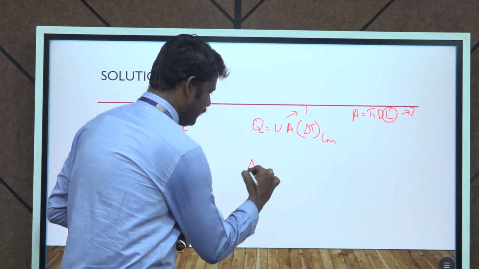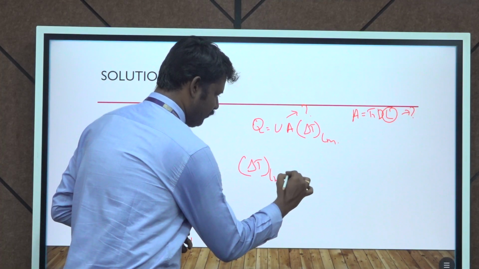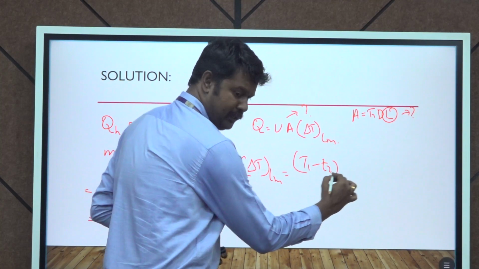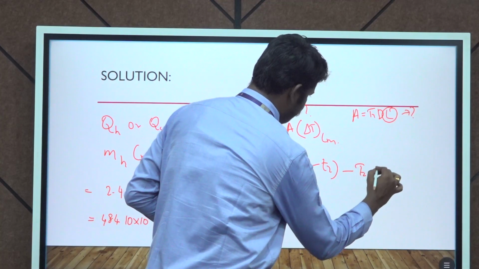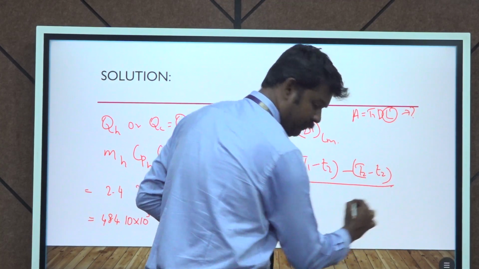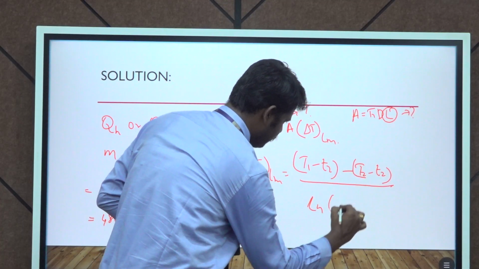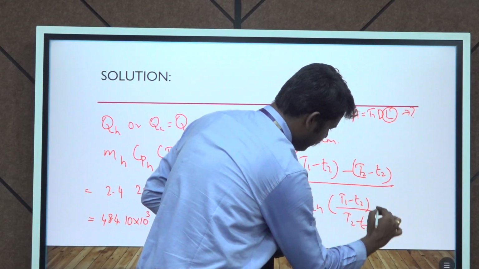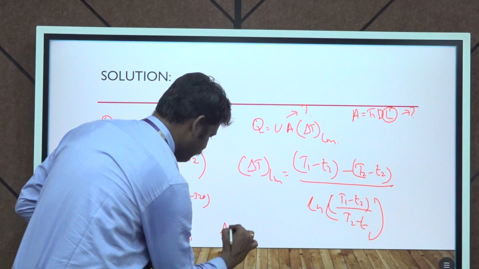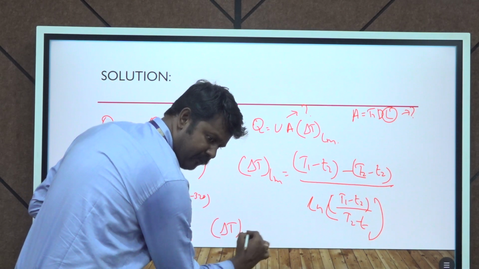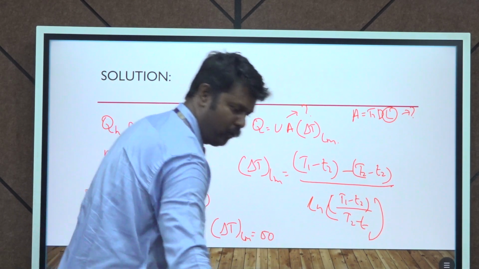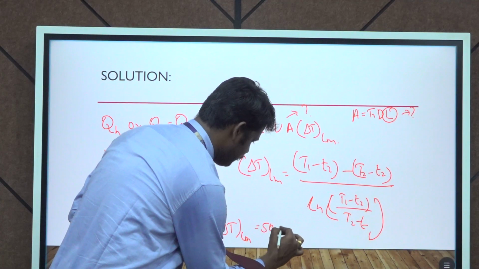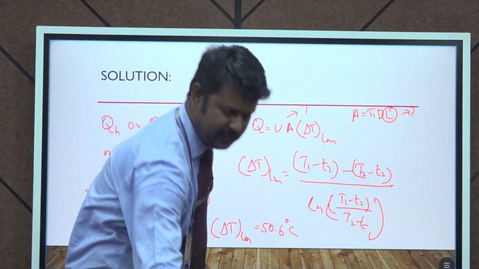Del T LM for a counterflow heat exchanger will be (T1 minus T2) minus (T2 minus T1), the whole divided by ln of (T1 minus T2) by (T2 minus T1). When we substitute all the values, we will get del T LM as 50.6 degrees Celsius.